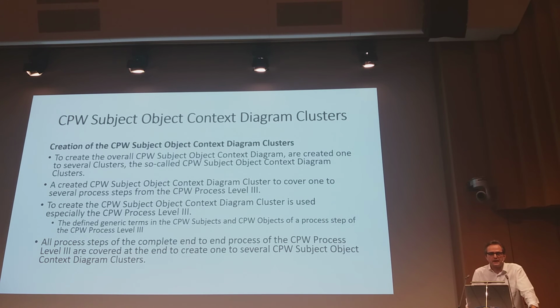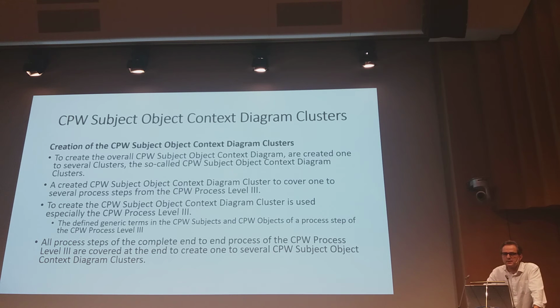So now we are coming to the creation of the CPW subject-object context diagram clusters. To create the overall CPW subject-object context diagram, one to several clusters are created, the so-called CPW subject-object context diagram clusters. A created CPW subject-object context diagram cluster covers one to several process steps from the CPW process level 3.